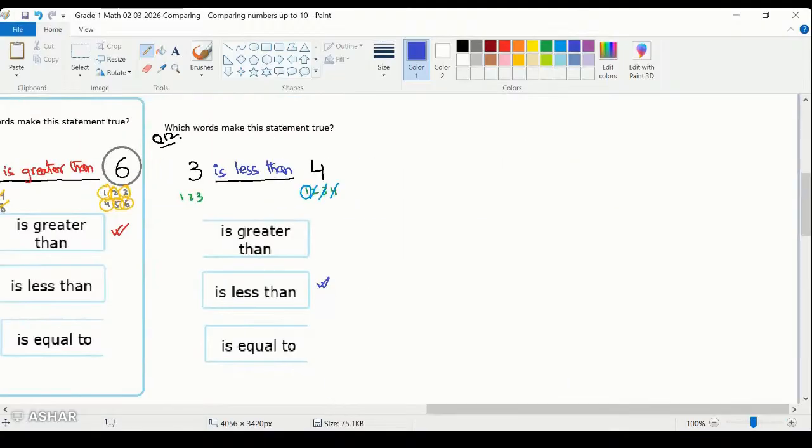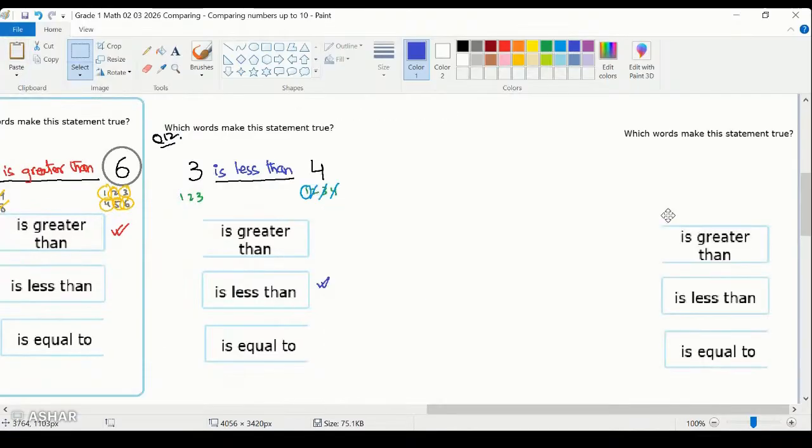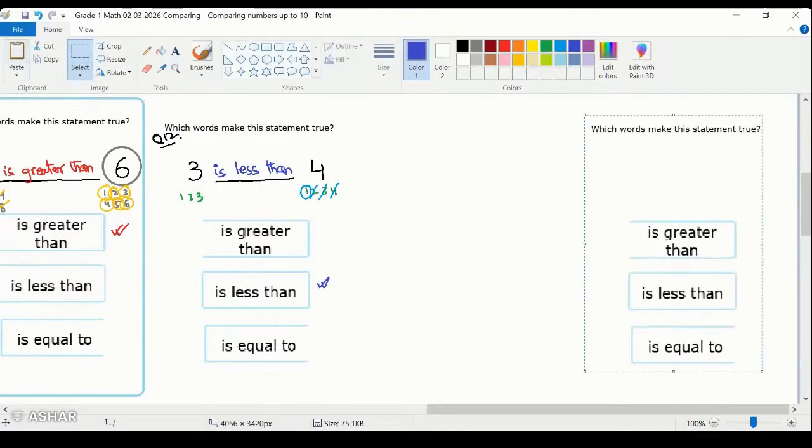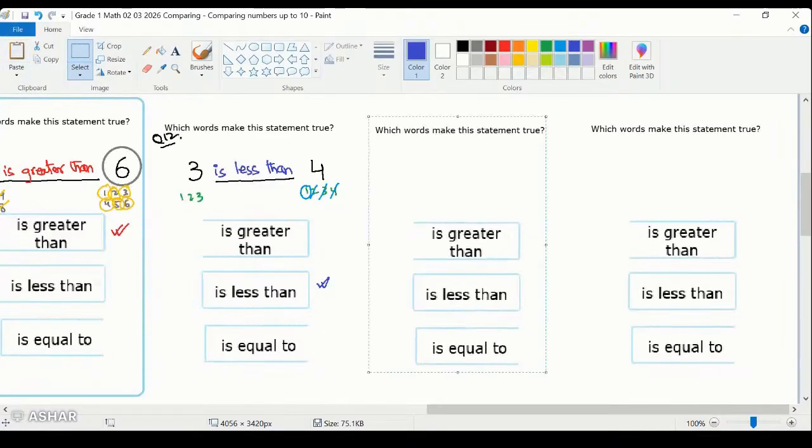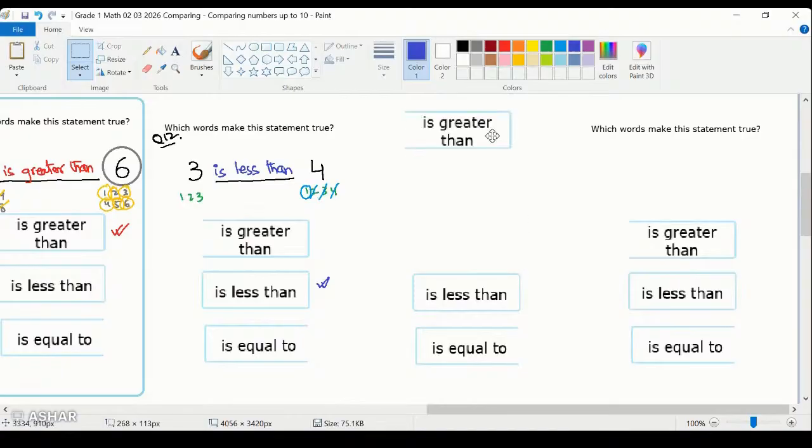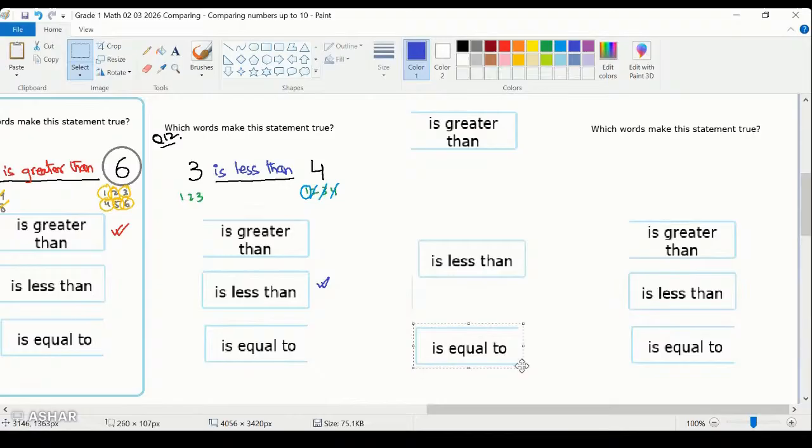Okay, let's do one more thing. Now let's try to change the statements, okay? Let's try to use different statements over here. I'll give you an example: is greater than, less than, and equal, okay?